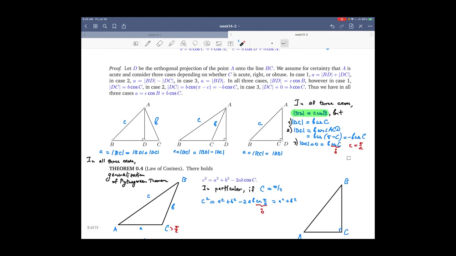If you want to get very detailed, we can write in case 1, a equals BD plus DC, and that is c cosine B plus b cosine C, as claimed.